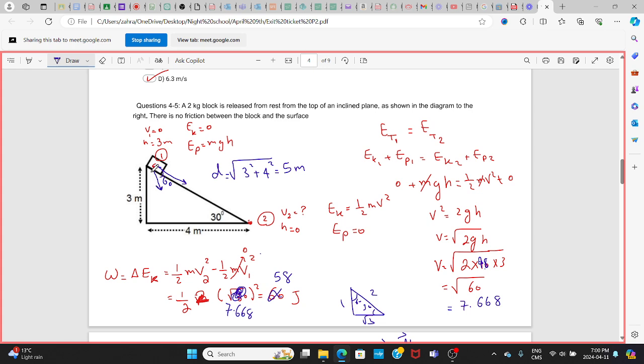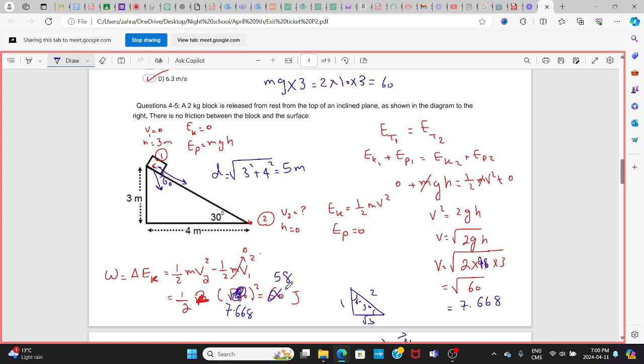if I want to do that, if I just take the mg, the force is mg, and I multiply by the displacement in y direction because we can find the component, right? If I do that, what I get is what? Mg multiplied by 3, sorry, multiplied by 3, it would be 60.